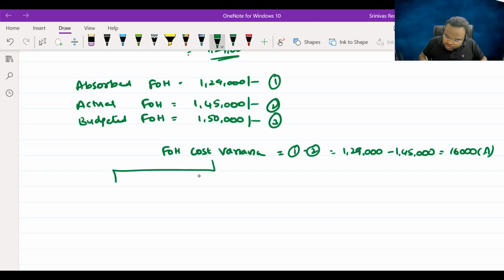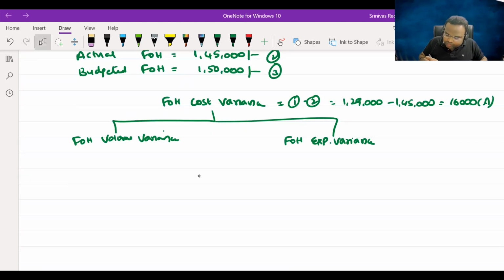Now fixed overhead cost variance is subdivided into fixed overhead volume variance and fixed overhead expenditure variance. Without a formula also I can say volume variance directly. I have planned for 5,000, whereas I have produced only 4,300. So I'm unable to recover it for 700 units. What is the rate?